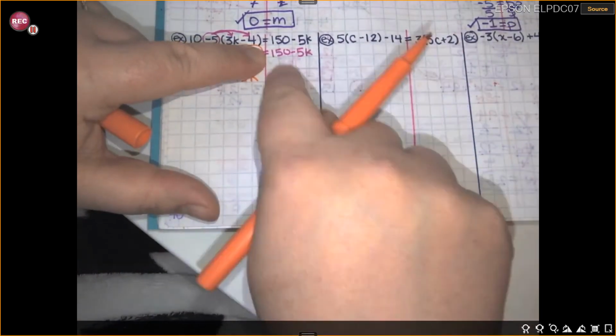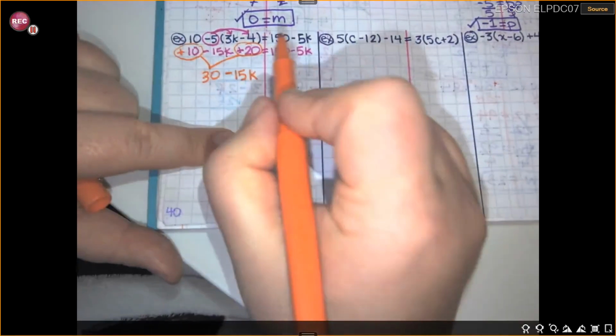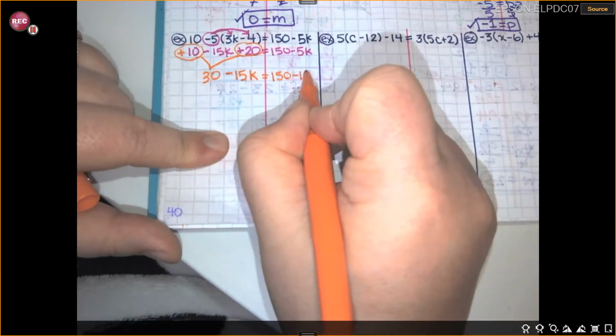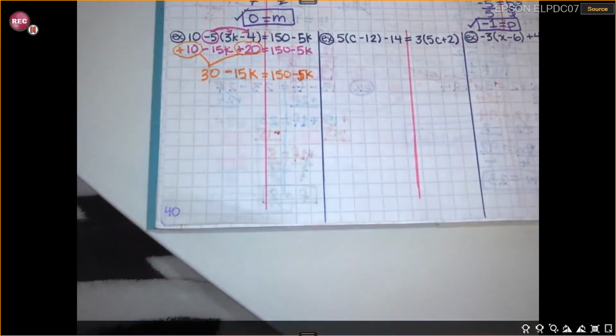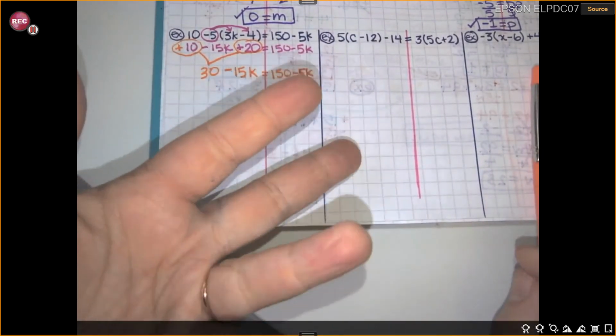And then this side, notice this has 150 and this one has a k. They're not like terms, just leave it alone again. Minus 5k. Okay, so we've done please, don't, call, and then me.